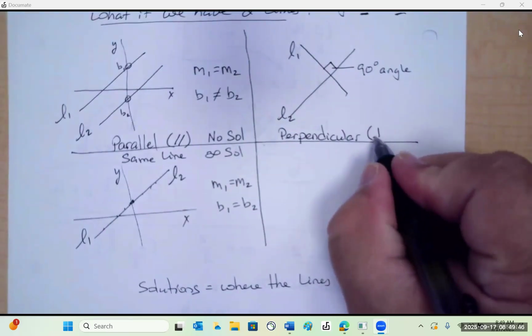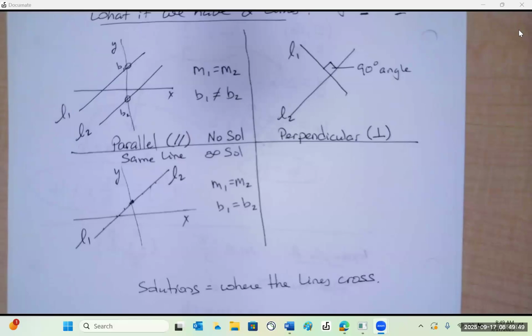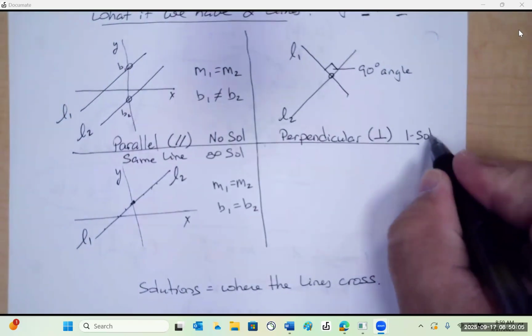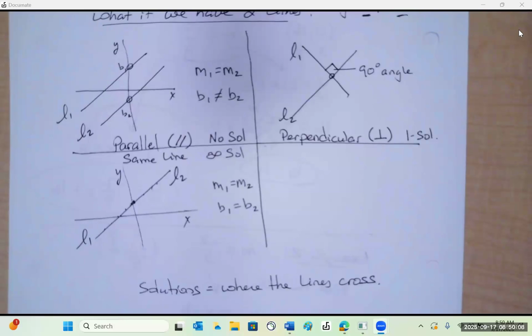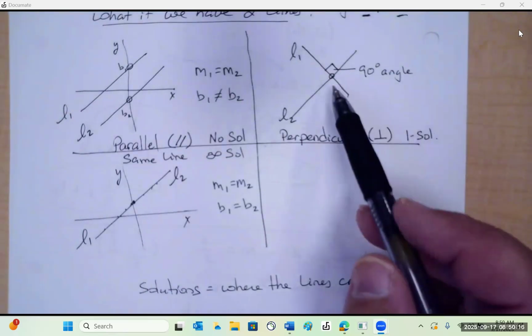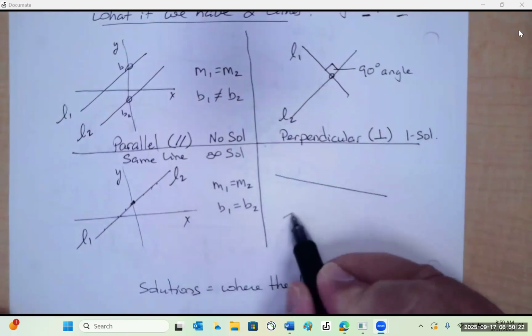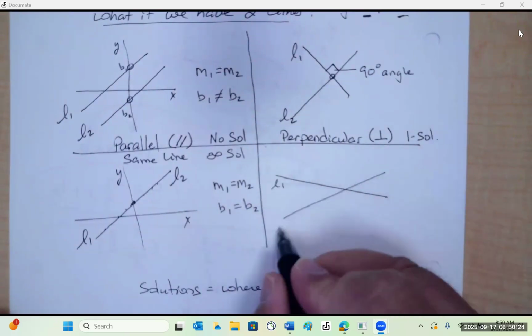And the shortcut is just an upside down T. How many solutions do they have there? They only have one solution. Are the slopes the same? No. So how are they different? Well, here's another example of different slopes. Here's line 1, here's line 2.